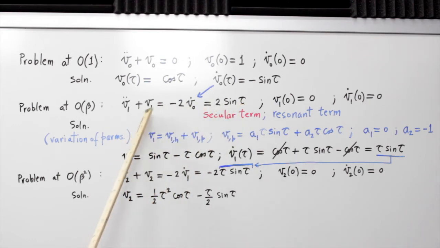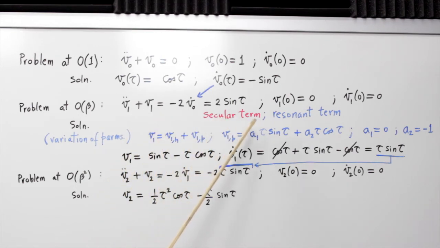And so if we look at this equation, we would recognize the fact that the solution sine of tau is a solution to the left-hand side of this equation and is appearing on the right-hand side. And so this is like a mass spring system which is being forced by an oscillation in force which has the same frequency as the natural frequency of the system.